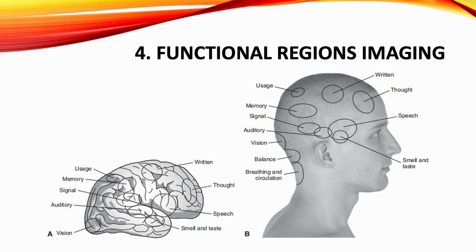Functional regions imaging. The cerebral cortex is the adjusting center, and its functions include the control and management of other organs and tissues of the human body.